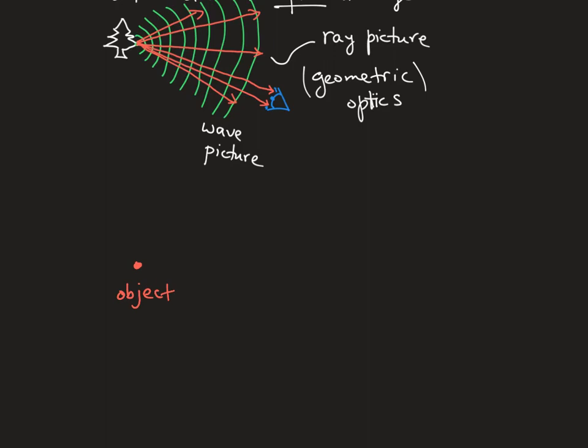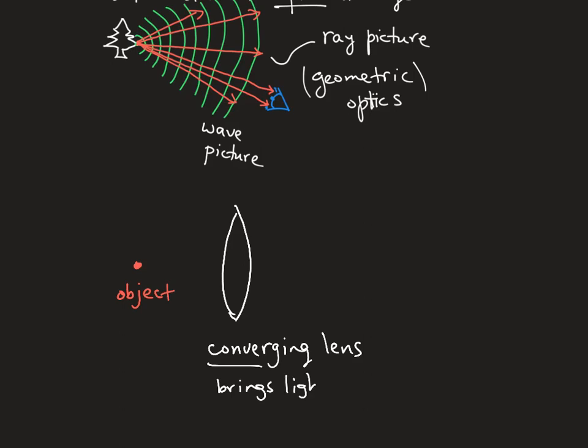And I'm going to put a lens here somewhere. In particular, this is going to be what's called a converging lens, converging meaning it brings the light together. You'll see what I mean in a second.